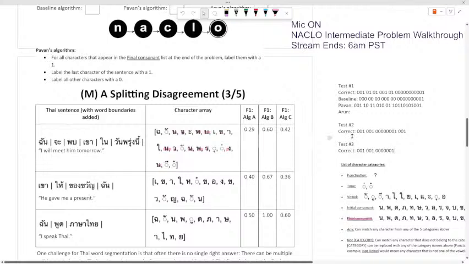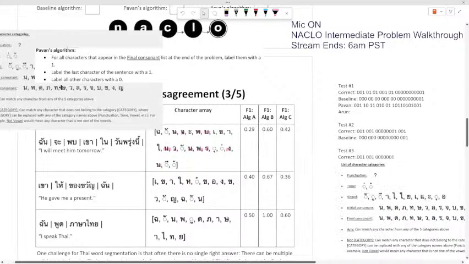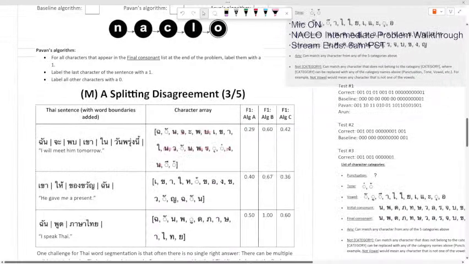We'll do the baseline. The baseline should be the same, basically. It'll just be everything is 0, except for the last one. 0 0. Oopsies. 0 0 0 0 0 0 1 2 3 4 5 6 7 8 0 0 1. And then let's move this somewhere like here.